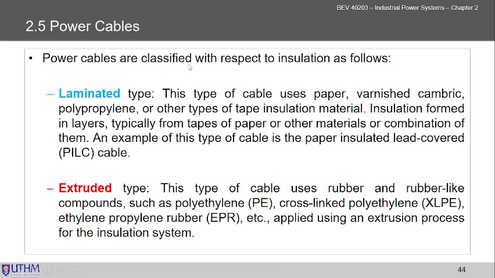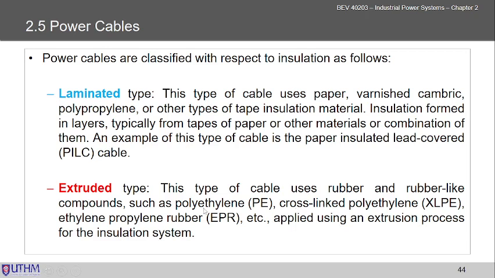Okay, power cables are also classified with respect to the installation. The first one is the laminated. Laminated, as I told you, uses paper only. This is the cheapest one. Another one is the extruded. This is the so-called extruded insulation, because they use an extrusion process to wrap the insulator.